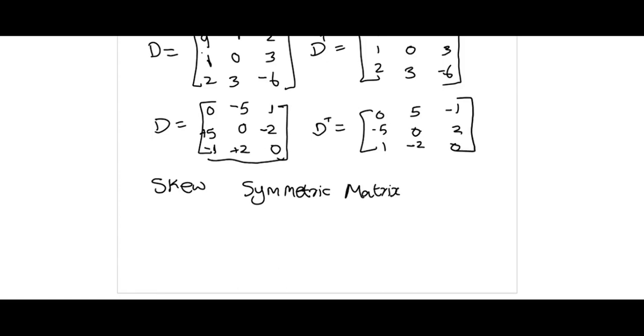So we can see that each of these entries has opposite signs, but they are the same. -5 here is in D, and 1. So you can see 0 has no opposite sign, it remains 0. -5 here, the opposite is 5, 1, the opposite is -5, 5 here, the opposite is -5, 0, 0, -2, 2, -1, 1, and so on and so forth. So that's it on skew symmetric matrix.